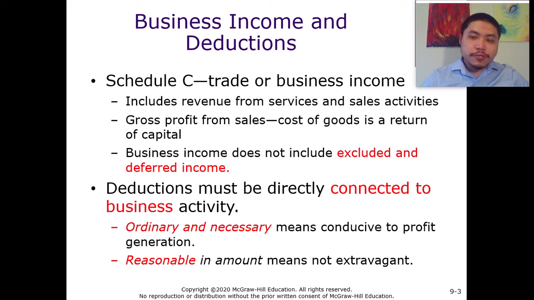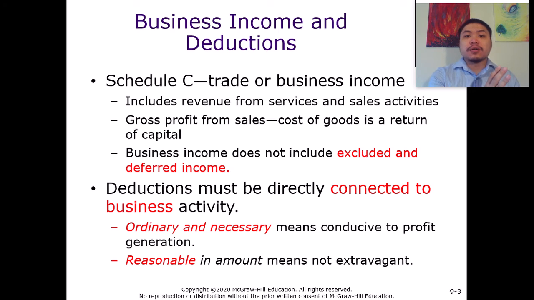So for a sole proprietorship business, or basically a flow-through business, right, or S corp, as we have discussed a little bit before, for flow-through entities the business income and expenses can flow through the taxpayers' tax returns, right?